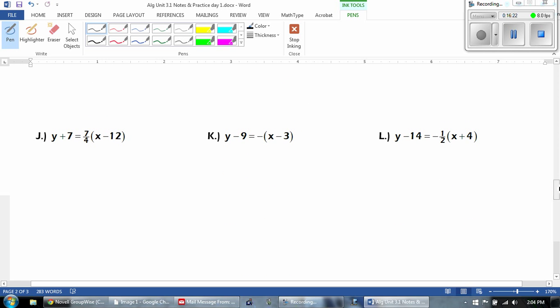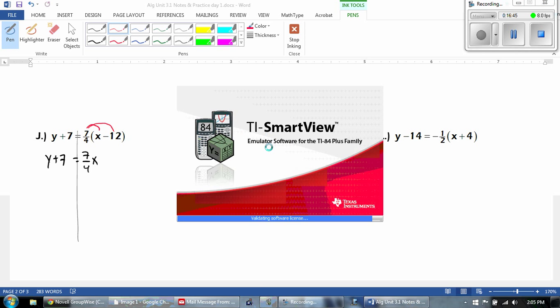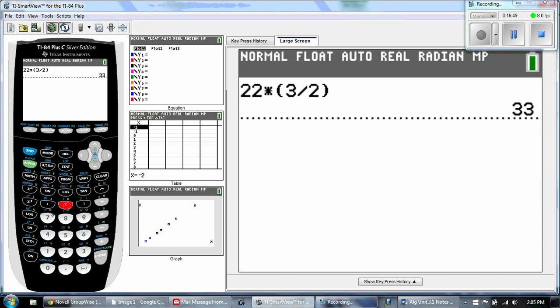All right, letter J. Okay, on the left side, we just write down the y plus 7, and then we're going to start to distribute. 7/4 times x is just 7/4 x. And then we have to do 7/4 times 12. That I don't know, so I'm going to take out my calculator, because I want to make sure I get it right, don't just guess.